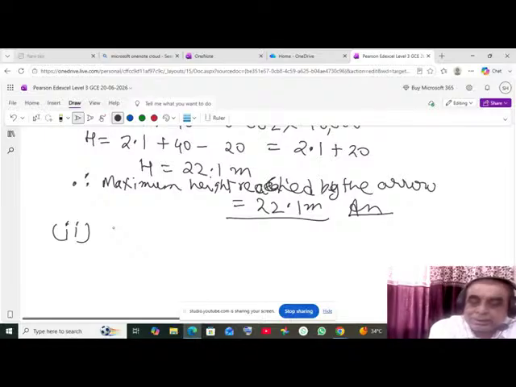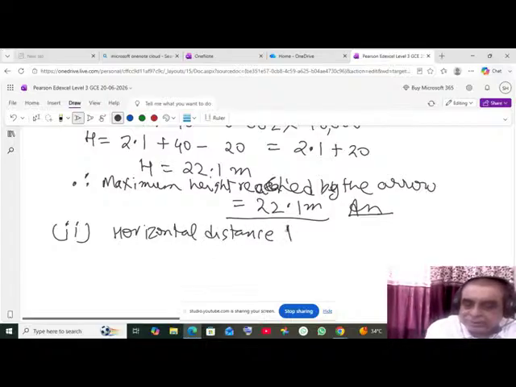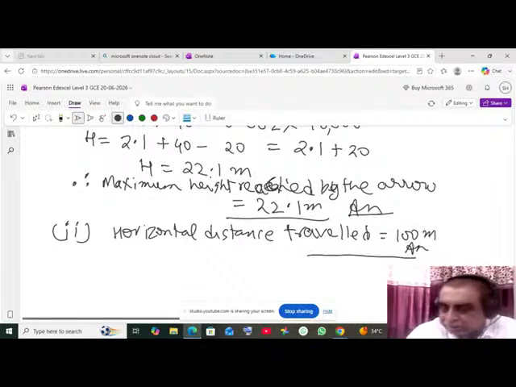So the horizontal distance traveled when the arrow has reached the maximum height is 100 meters. That is the answer of the second part of D.